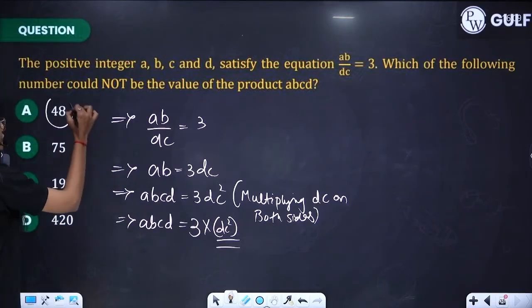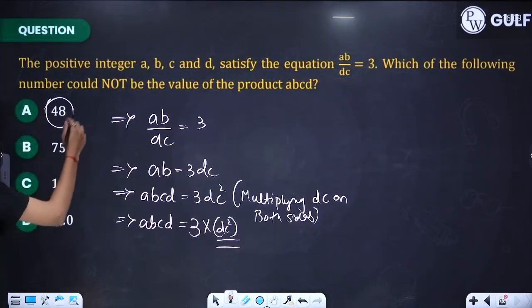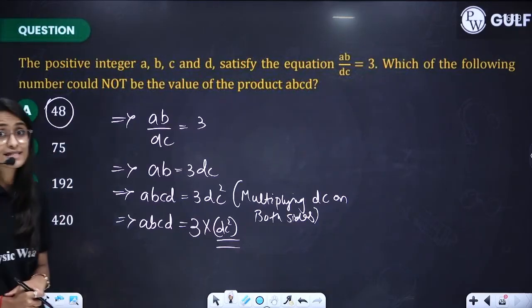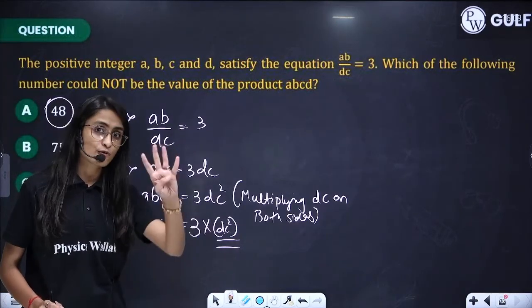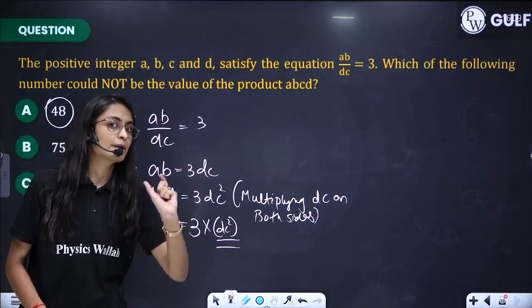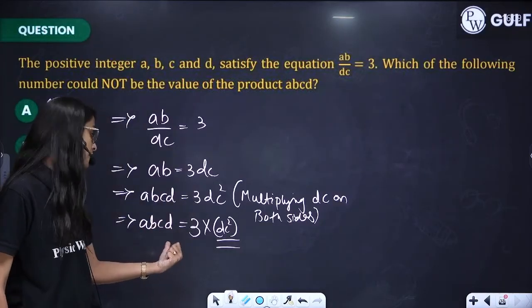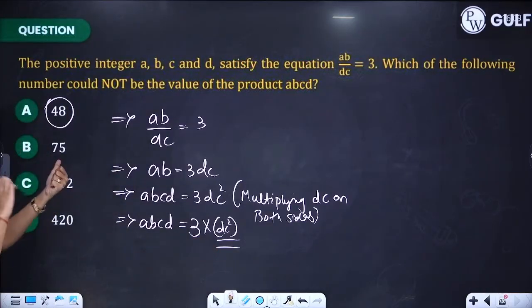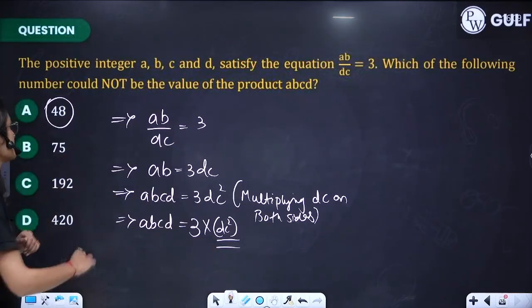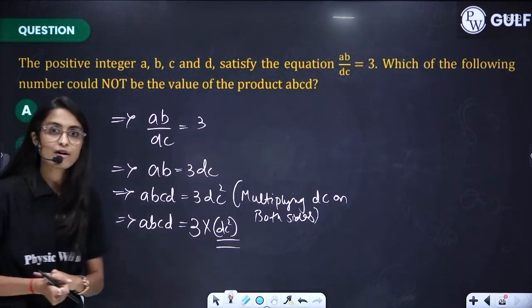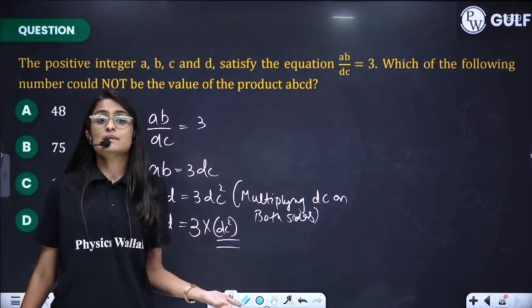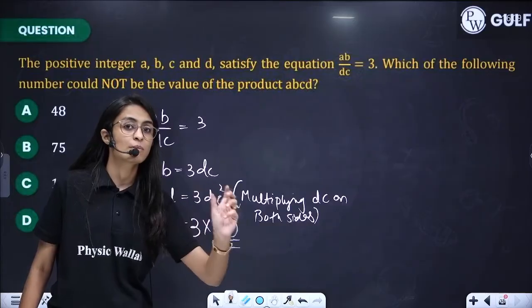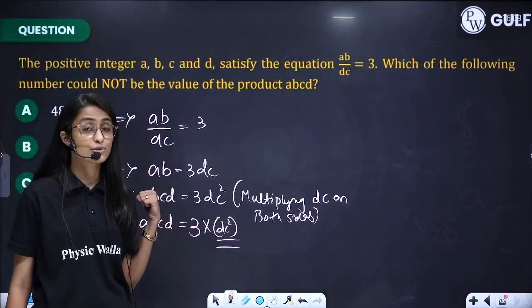If we divide 48 by 3, you will get 16, which is a perfect square, 4 square. So 3 multiplied by 4 square is 48, which satisfies abcd equals 3 into dc square. Same, 75 divided by 3 is 25, again a perfect square. So 3 multiplied by 5 square gives you 75.